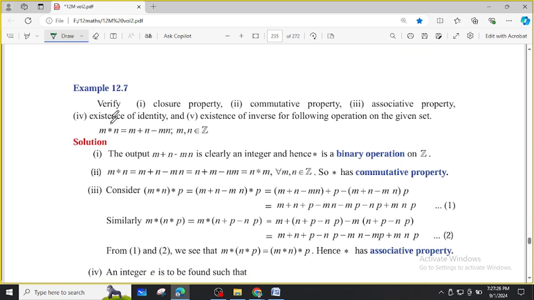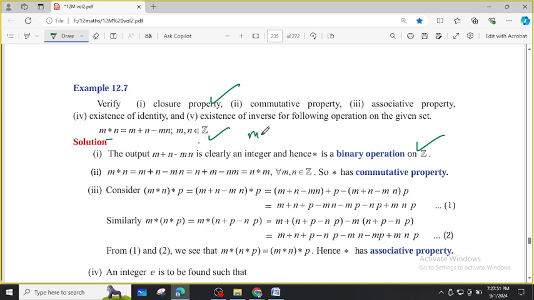So here is a new operation, defined using addition, subtraction and product. It talks only about integers. If you take integers, the sum of numbers is also an integer, the product is also an integer, and the difference is also an integer. So the binary operation is closed.